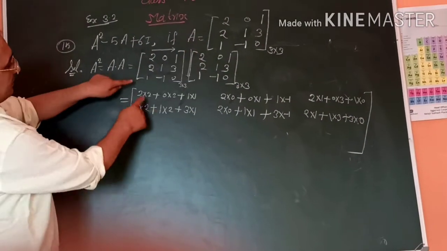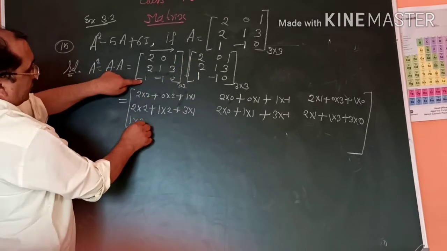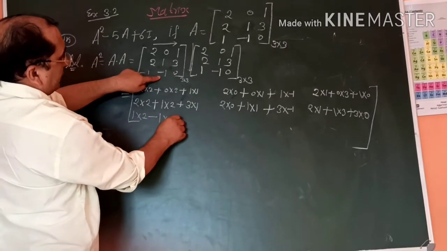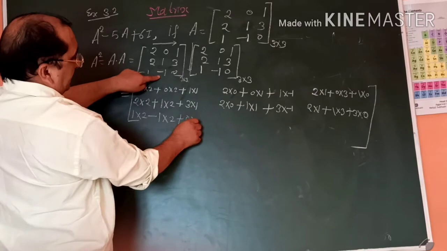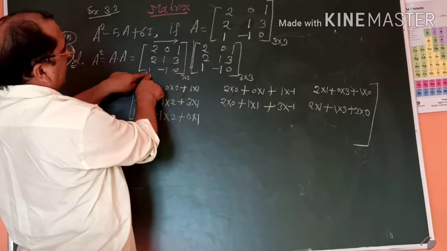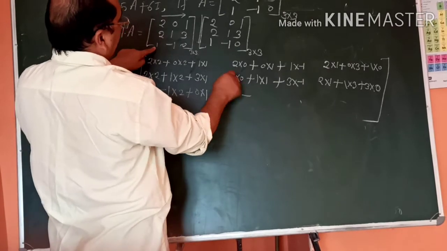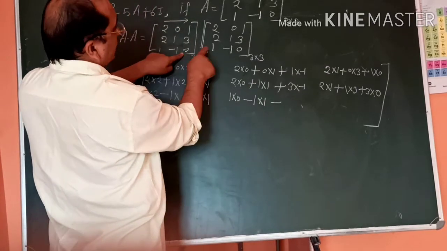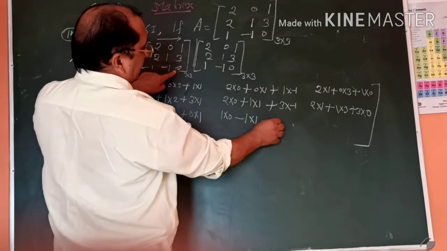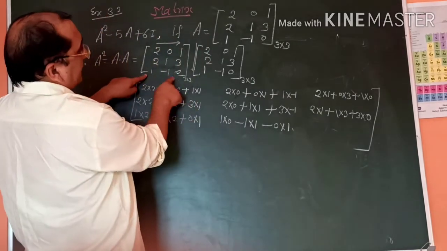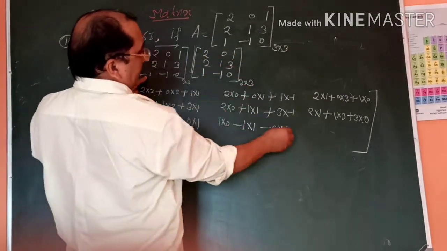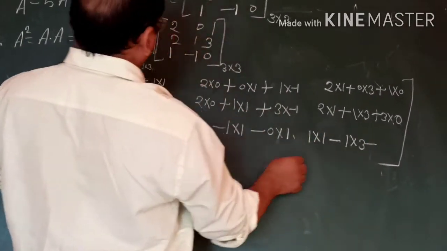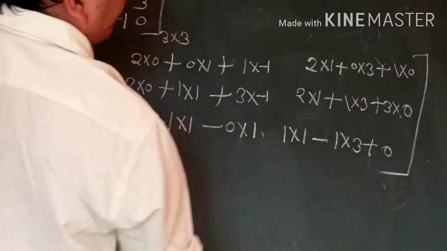Then third row, first column: 1 into 2 plus minus 1 into 2 plus 0 into 1. Then third row, second column: 1 into 0 plus minus 1 into 1 plus 0 into minus 1. Then third row, third column: 1 into 1 plus minus 1 into 3 plus 0 into 0.